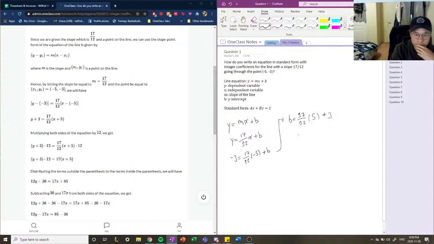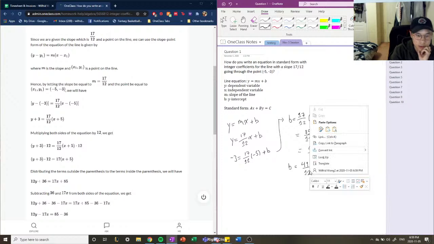So in the end, we have b equals 17 times 5 is 85 over 12, and this should be a minus, sorry, because I moved everything across, 12 times 3 is 36 over 12. So this equals 3, since 3 times 12 is 36. That's another way of writing it. 85 minus 36, because these are the same fractions, we can subtract them. That is 49 over 12. So now we have b equals 49 over 12.